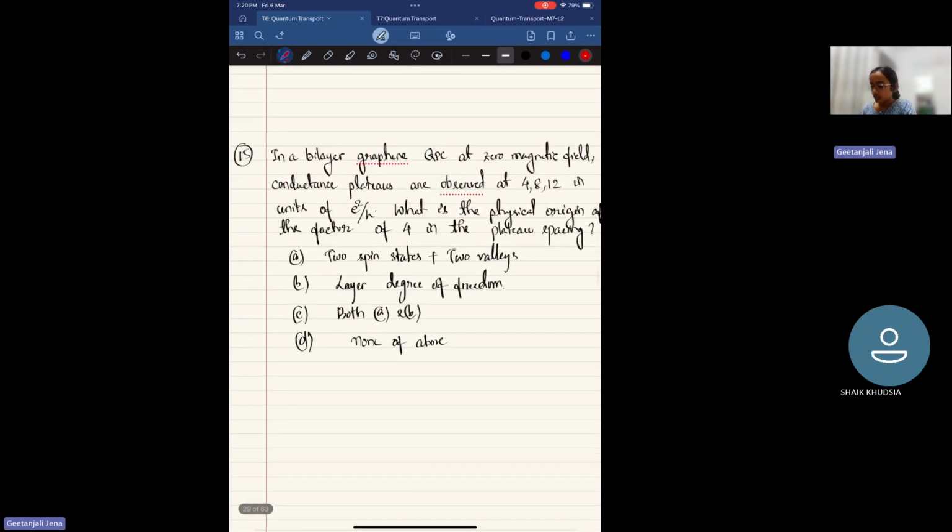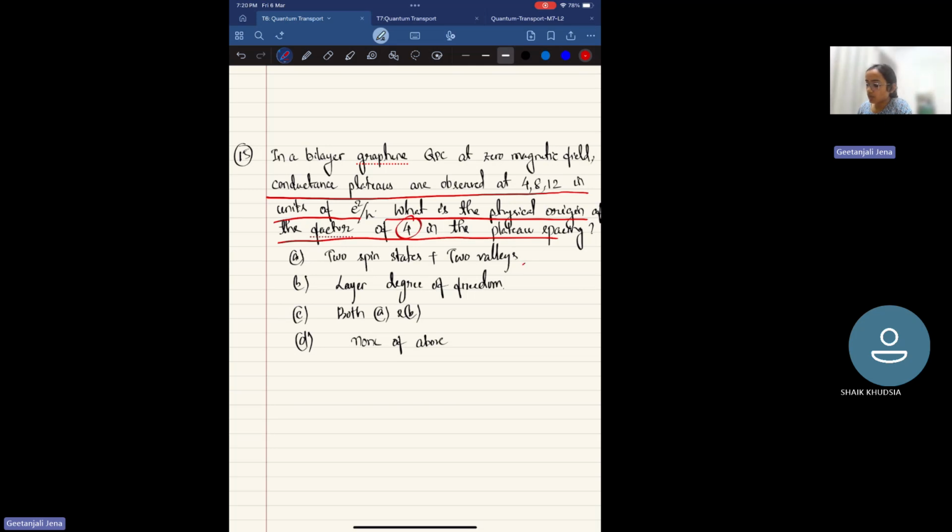Question number 15. In a bilayer graphene quantum point contact at zero magnetic field, conductance plateaus are observed at 4, 8, 12 in units of e square by h. What is the physical origin of the factor of 4 in this plateau spacing? So why is there a 4?